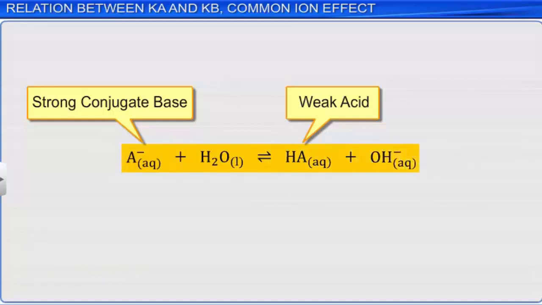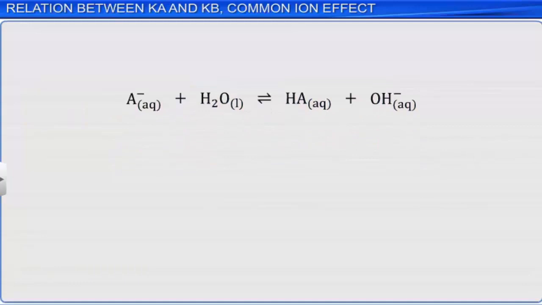The base dissociation constant Kb for the dissociation of this base can be written as the product of concentration of HA and OH minus ion divided by A minus.